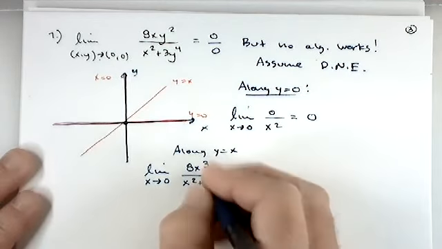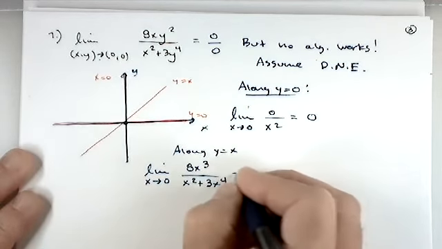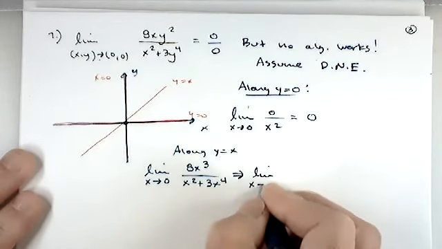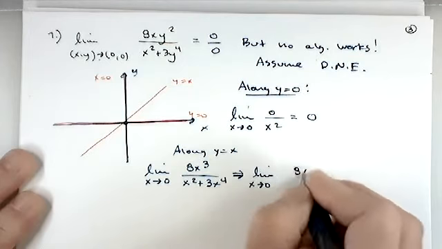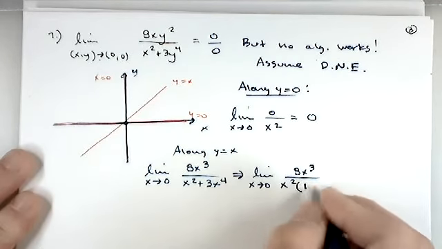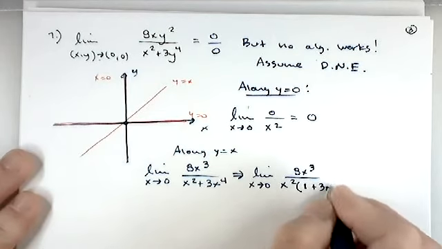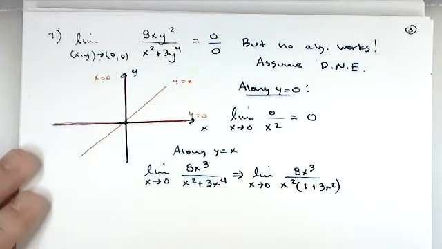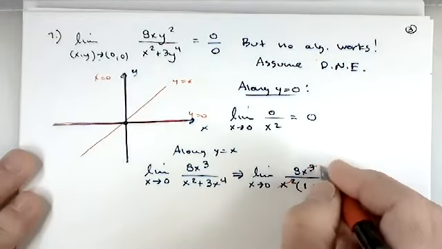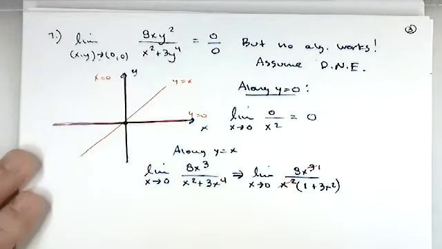Right now it's still 0 over 0, but I can do some algebra on this. I can factor out an x squared from the bottom, which I could then cancel and knock this down to just x to the 1st here.